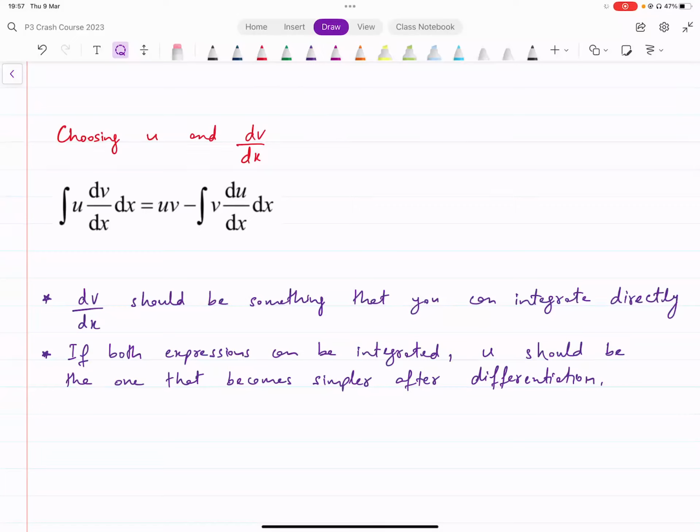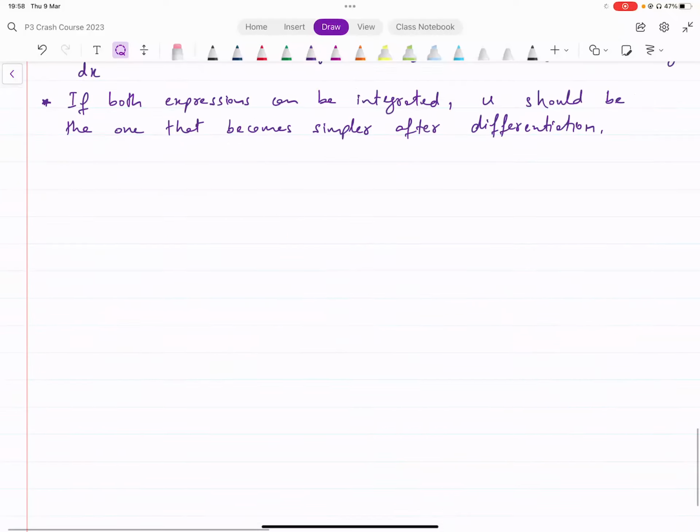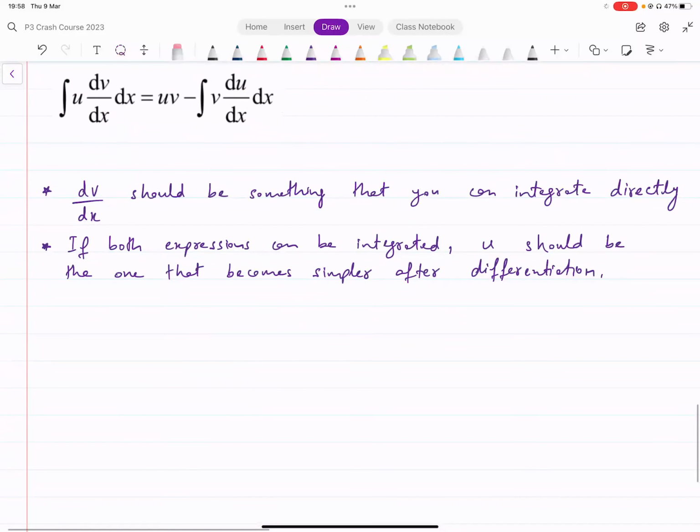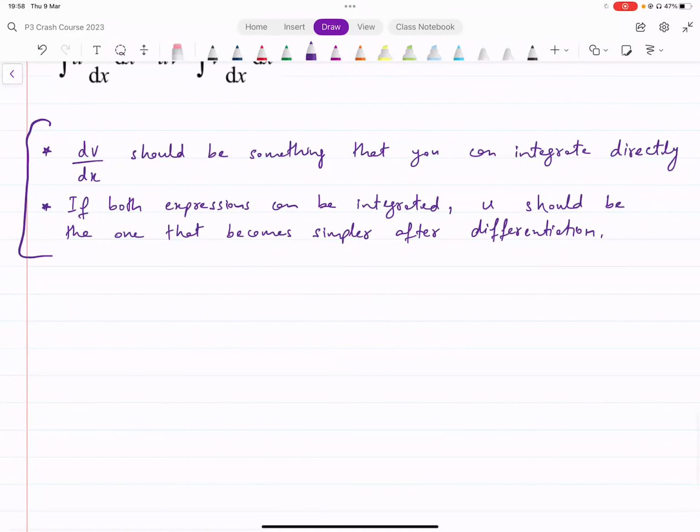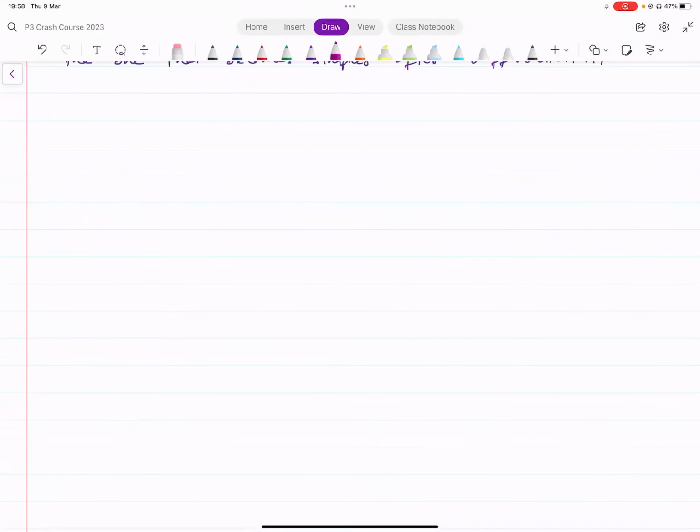You can just use that thumb rule to decide directly what you should take as u, and what you should take as dv over dx. Now let me write that rule down here, but it uses the same logic. This is the logic, but when you are integrating, you can keep this rule in front of you, and this is how it looks.